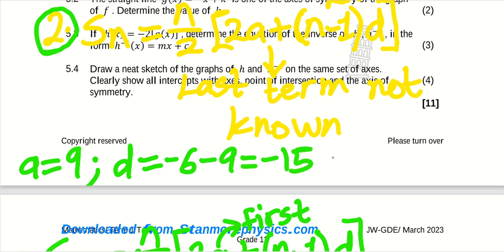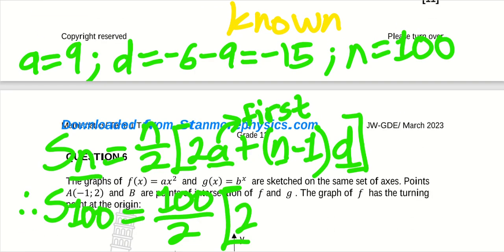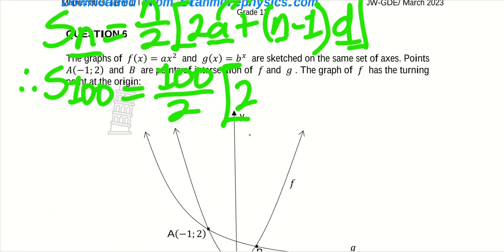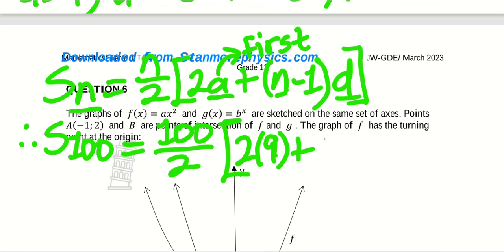So that is the difference. And then lastly, our n, we already said it's 100, because they say calculate S100, and 100 is in the place of n. Right. So in the place of a here, instead of 2a, I'm going to write 2, then in brackets 9. So it's 2 times 9, right? Then plus n minus 1. So n is 100, so it's going to be 100 minus 1, right?